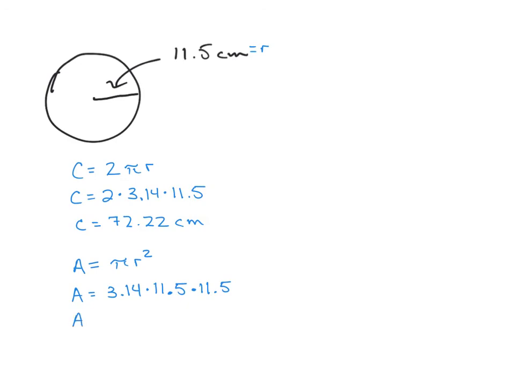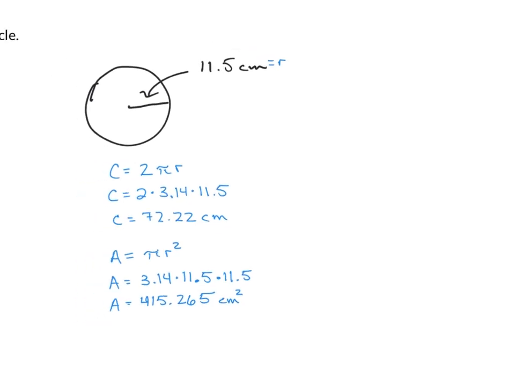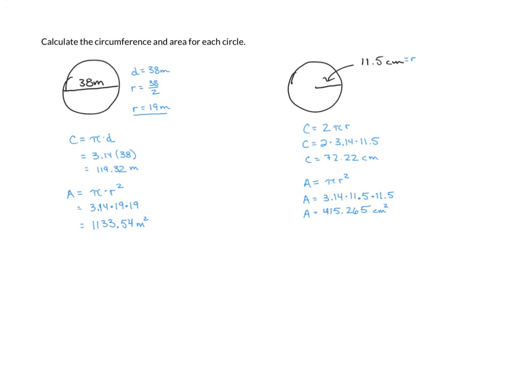If we multiply that out, we get 415.265 centimeters. And since this is an area, it's going to be centimeters squared. So those are the two types of problems that you're going to see when we talk about circumference and area. The important thing is to note whether you are given a diameter or a radius to begin with.